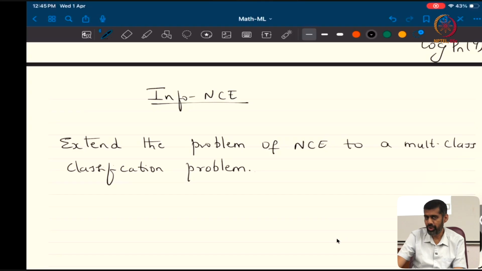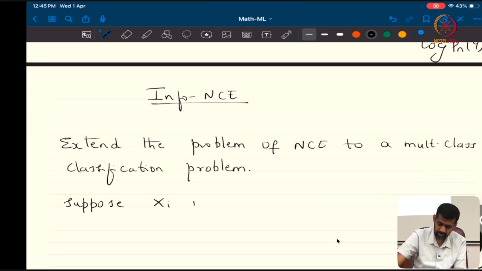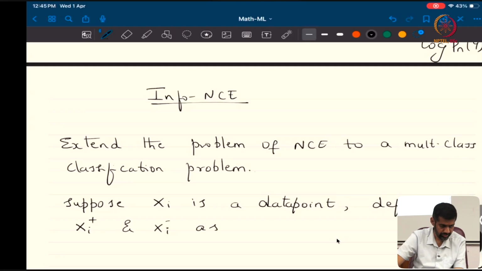So, how do we do that? The idea behind Info-NCE is as follows. Suppose xi is a data point. Define xi plus and xi minus as positive and negative counterparts.